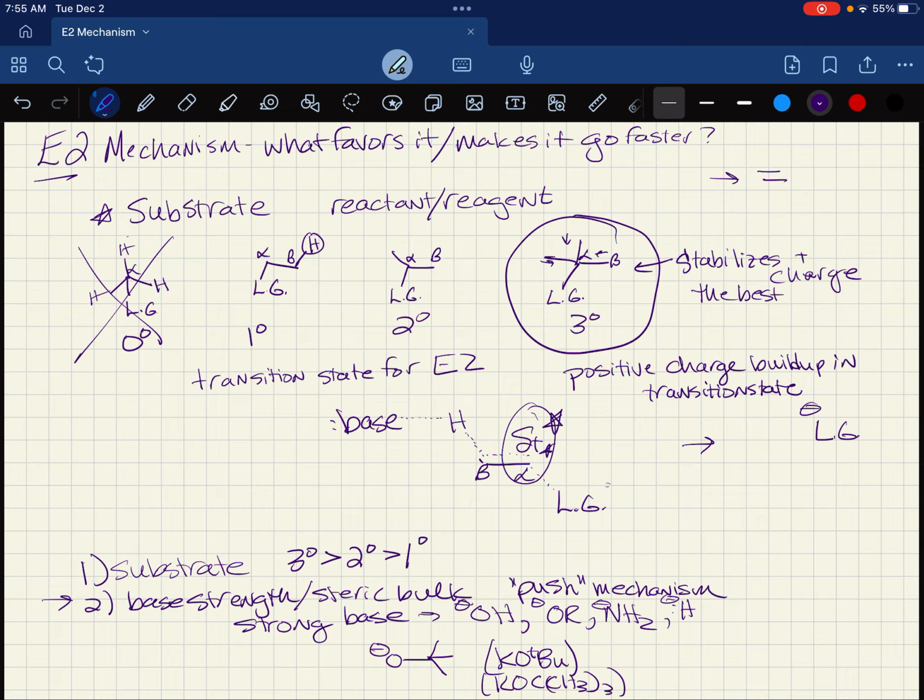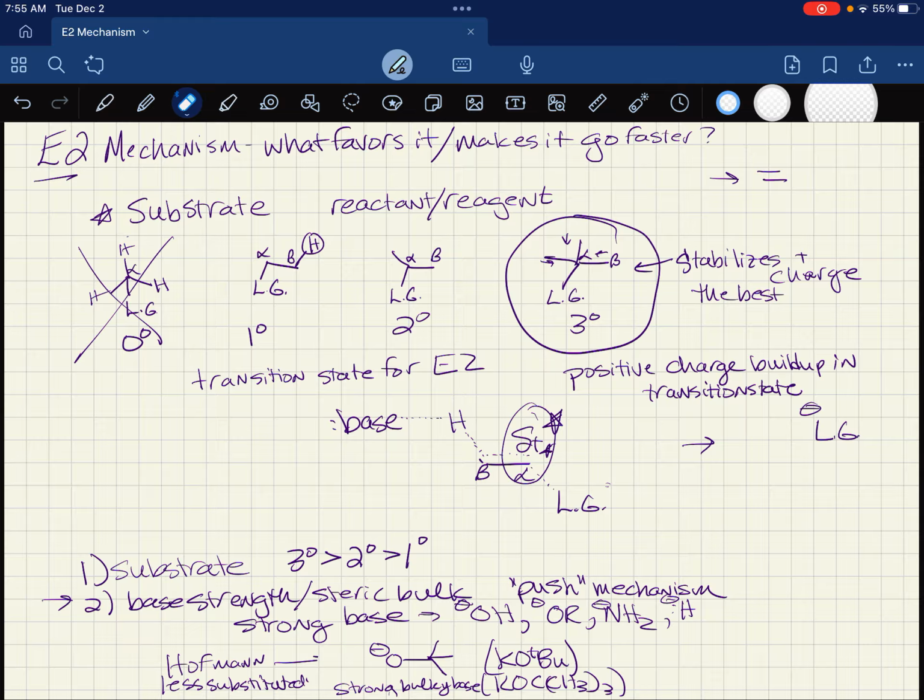But what this is going to be is a strong, bulky base. And in the regiochemistry video, we talk about this. This is going to encourage the Hofmann product, which is going to be the less substituted alkene product.